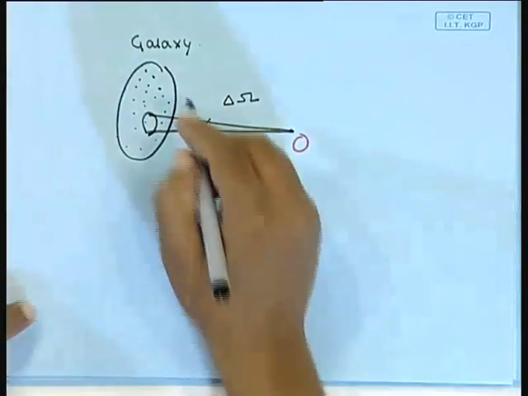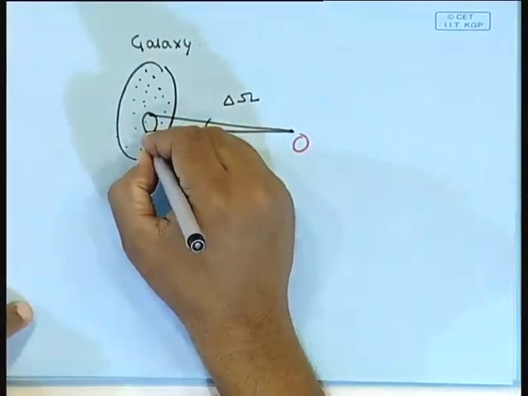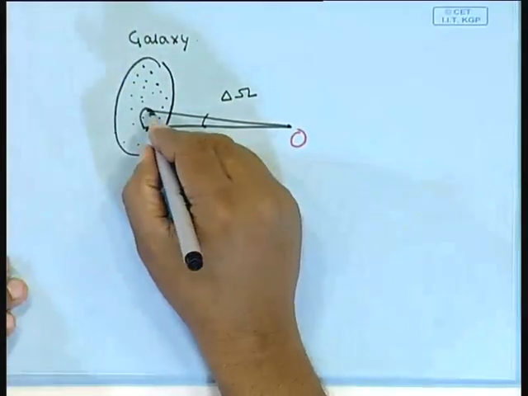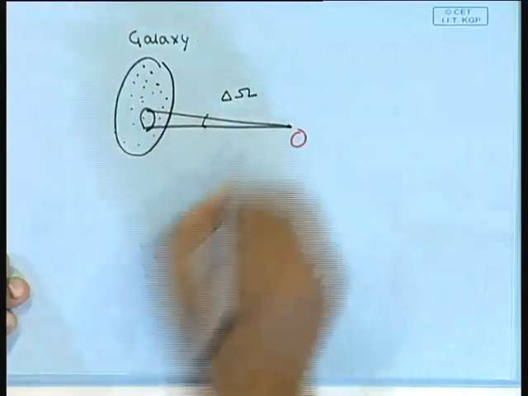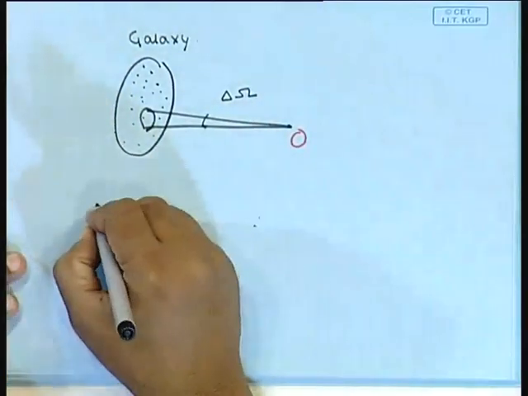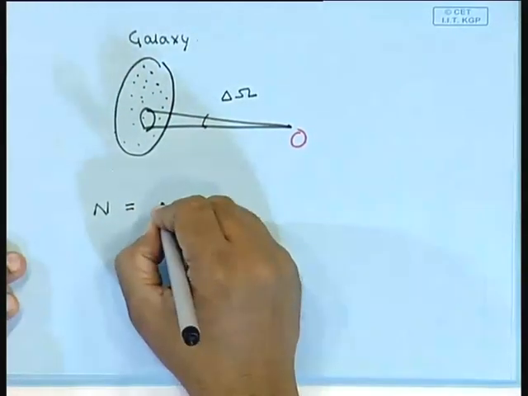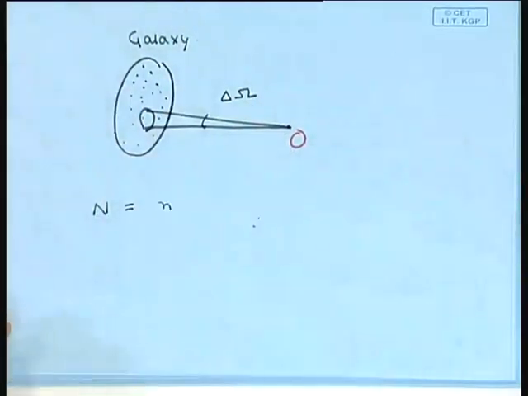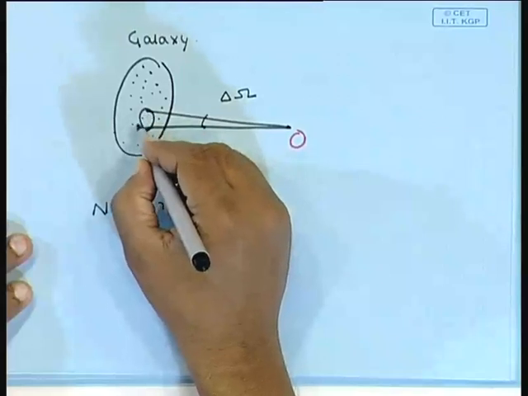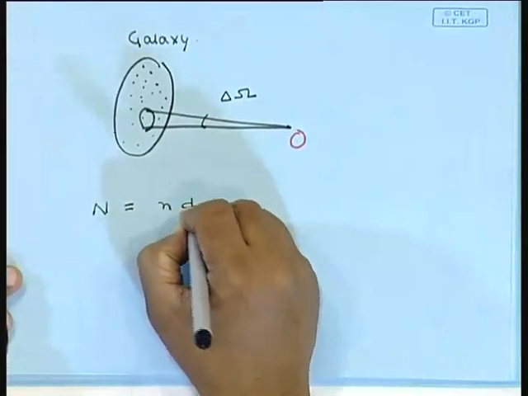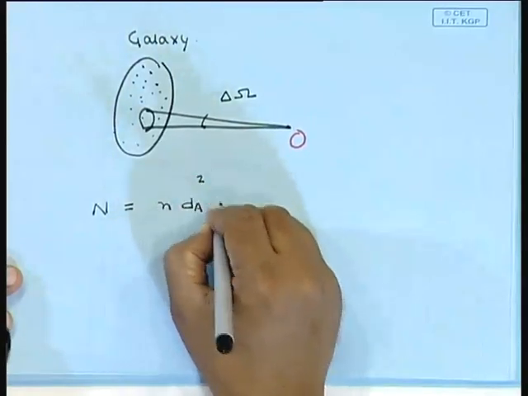The mean number of stars in this that contribute to the radiation coming in this solid angle, n, is equal to the number density of stars, which you can take to be roughly constant inside the galaxies, per unit area, how many are there, into the area subtended by this solid angle, right, and that is going to be d angular squared into delta omega.